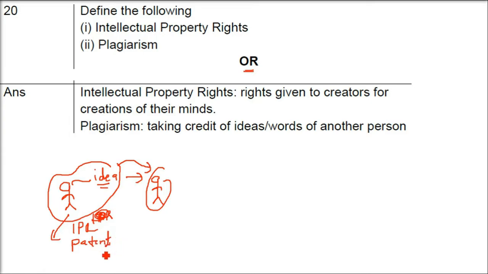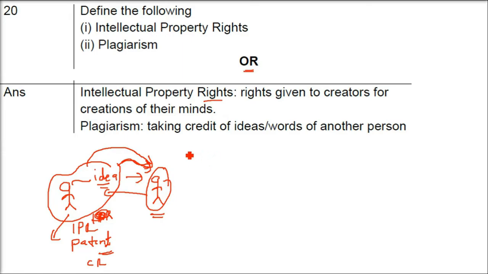So if you take a patent or copyright of this idea, if you have some idea, some music, some video, some content, and you have taken a patent or copyright, now this idea cannot be stolen by anybody else because it is now your copyright. It is your patent. It is your intellectual property. So you have a right on it. If somebody wants to steal it or happens to steal it, you can take him to court because the IPR and patent and everything is with you.